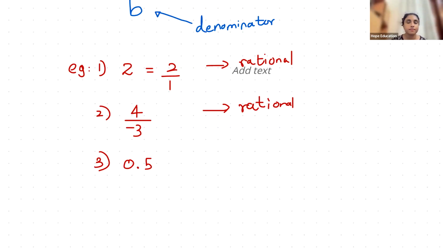Good. Others? Okay, so a lot of you say it is rational. I can't see a fraction here, but I'll be open to your answers. Why do you say it's rational? Why do you say 0.5 is rational? It is not a fraction.